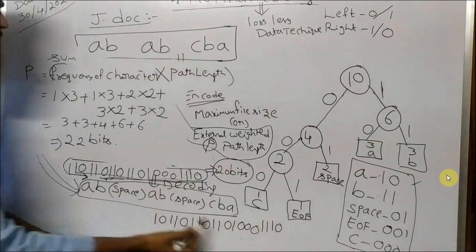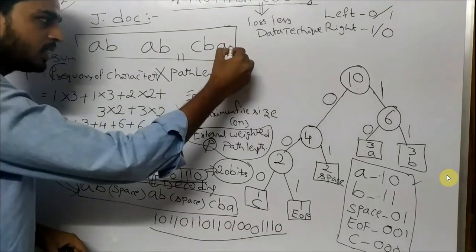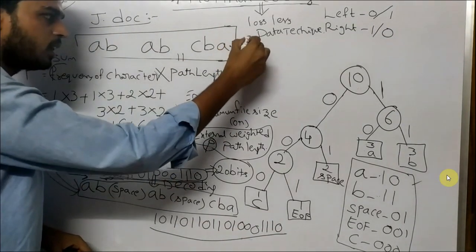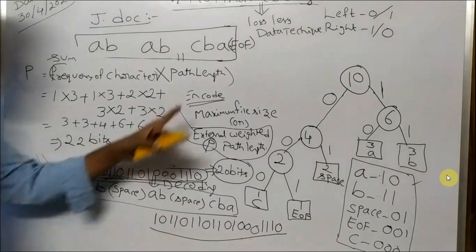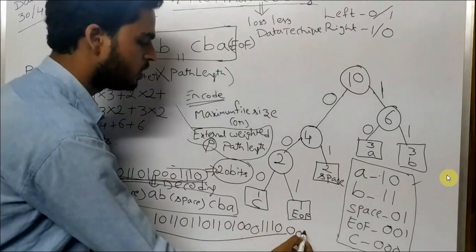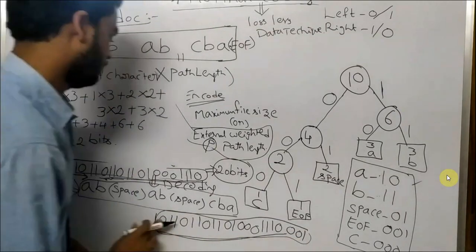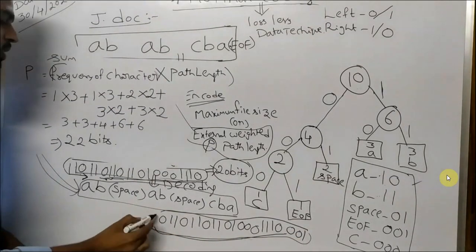So we have written up to here correctly. And at last there is one more character, that is end of file. We missed that in the previous count. So end of file is 0 0.